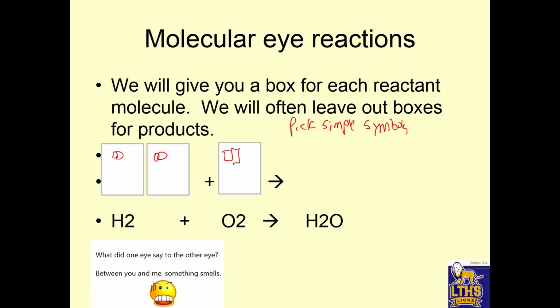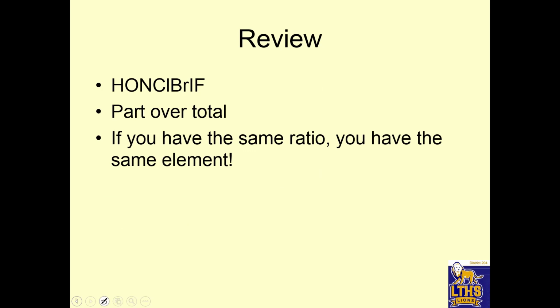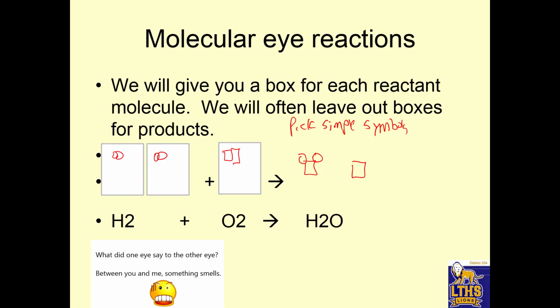So my products, I've got to use up all of these pieces. If I tell you it's H2O, I've got to have 2 H's on 1 O. Then if I have another one, see how that would get rid of this one? And then 1, 2, 1, 2, 1, 2, 1, 2. So my final answer would be the ones not crossed off.